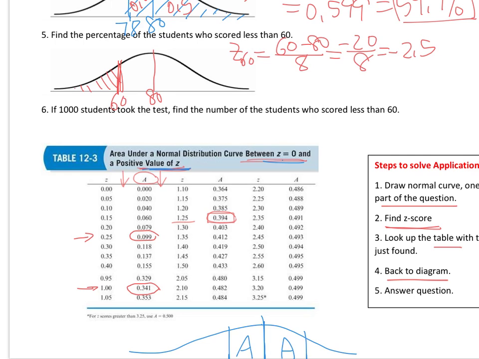And we're going to go to the table, look up 2.5, and then use the property of the symmetry. 2.5 is right here with a value of 0.494. So that A value belongs to between these two numbers on your diagram, which is right here, 0.494.